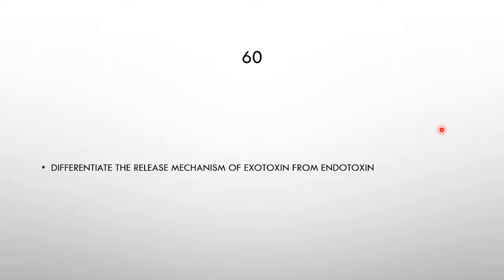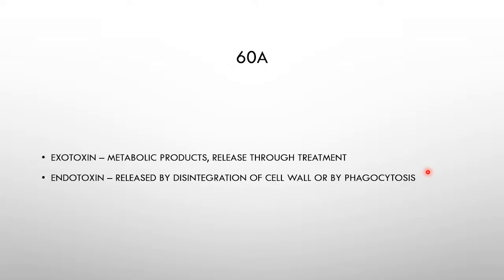The release mechanisms of endotoxins and exotoxins. So exotoxins, as I mentioned before, are metabolic products, or are released as the organism metabolizes something or through treatment. Okay? Whilst an endotoxin is released by the disintegration of the cell wall or by phagocytosis.